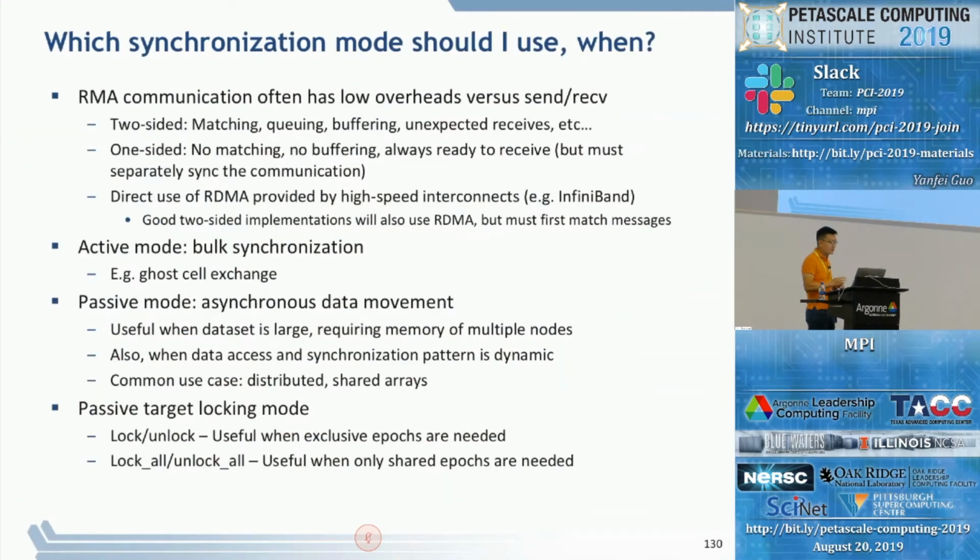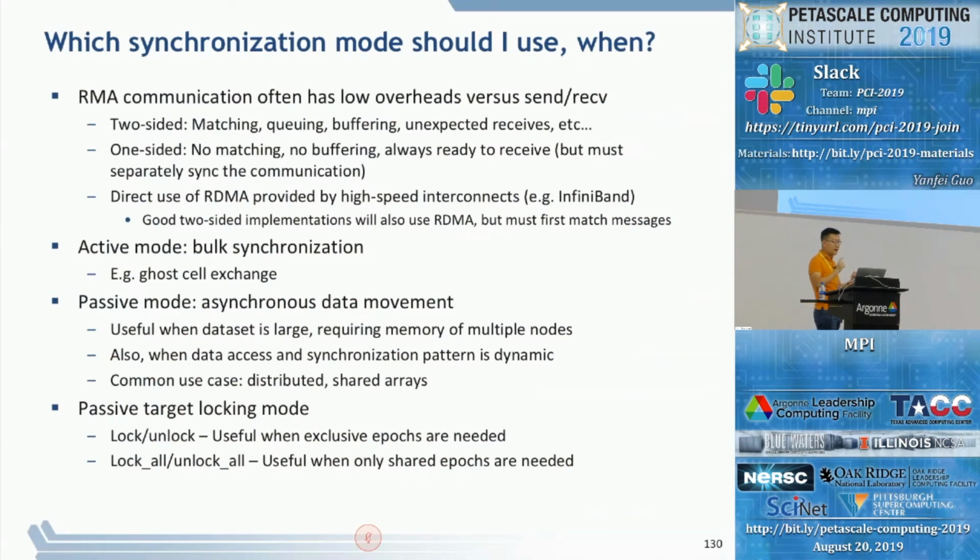Okay, I think there was a question asked about whether I should use RMA or how can I use it. Just to summarize, RMA usually has lower overhead versus send and receive because you have decoupled synchronization, and it also maps directly to the RDMA semantics.